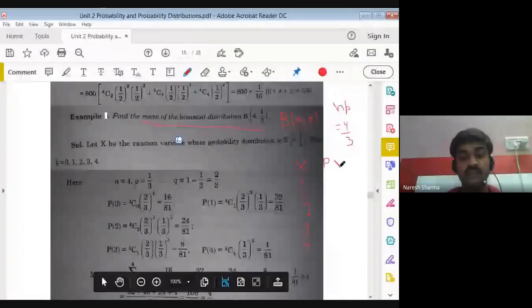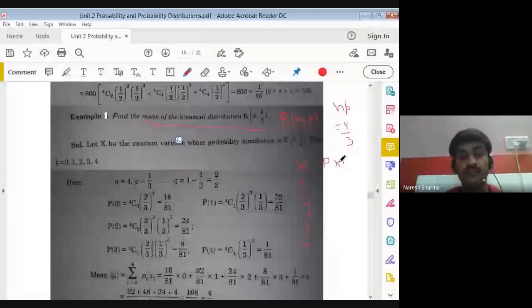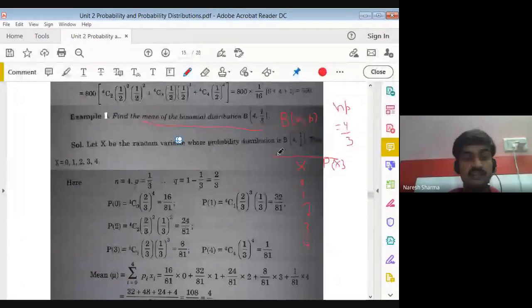Particularly for the binomial distribution, this probability function is nCr p raised to r, q raised to n minus r. Here n is the total number, r is the number of favorable cases, p is the probability of success raised to power r, and q raised to power n minus r.